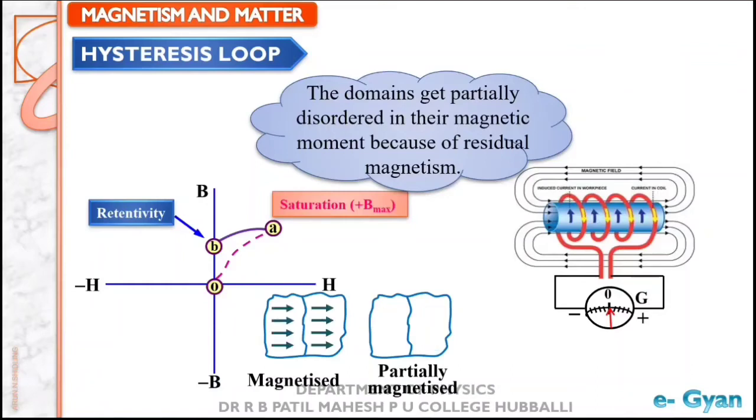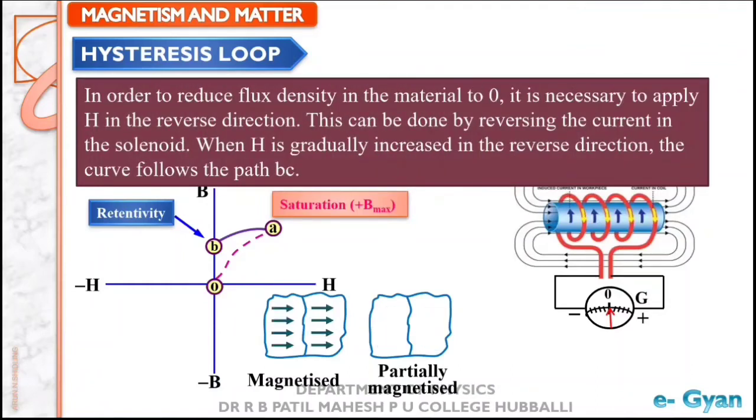So in order to reduce the flux density in the material to 0, I mean to say, if we want to reduce B to 0, we have to apply the current in the reverse direction so that H also goes in the reverse direction. By reversing, what we are trying to do is get the B value to 0.